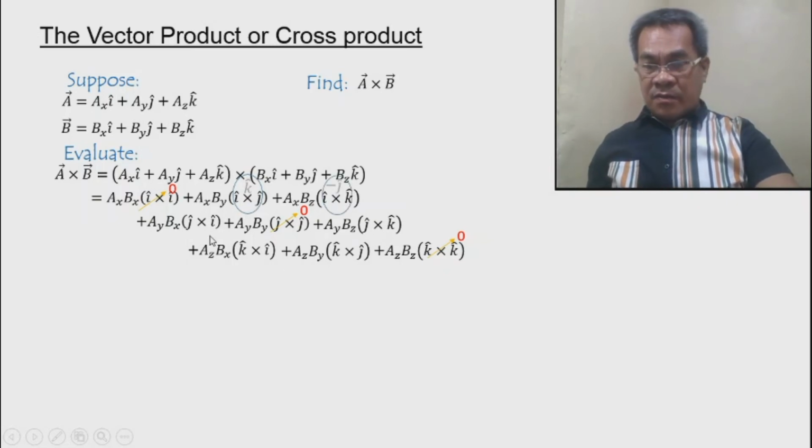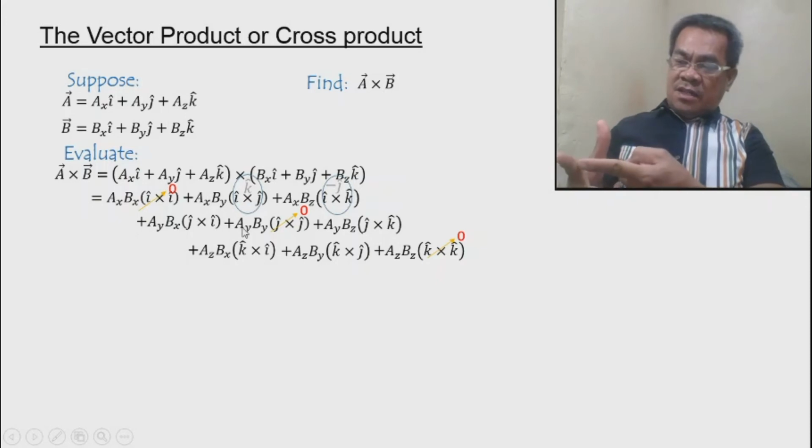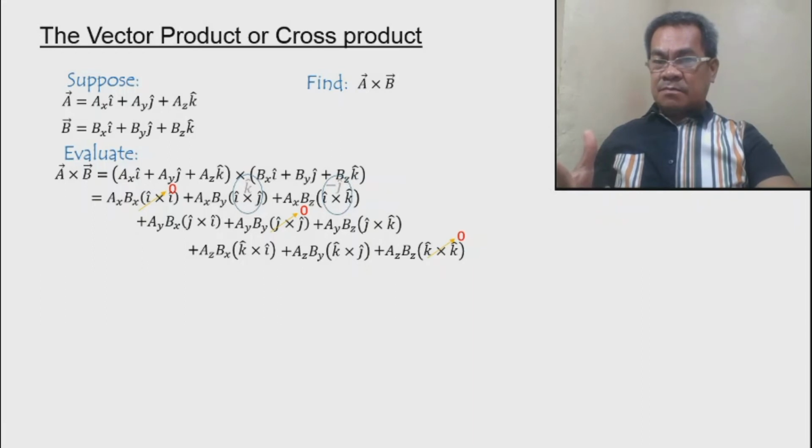Okay. What else? J cross I. Take note, J cross I. This is clockwise. So therefore this must be what?